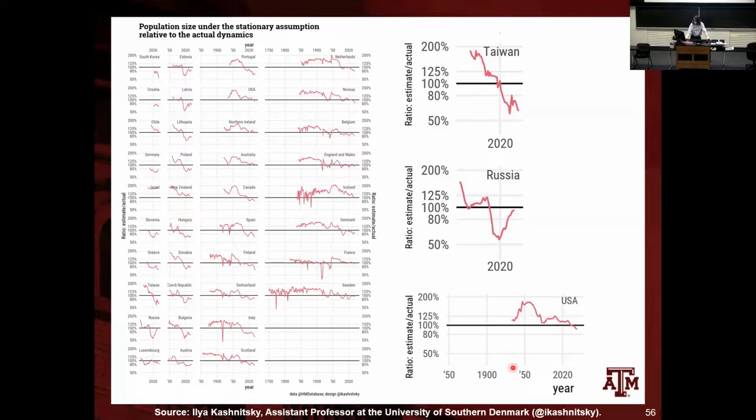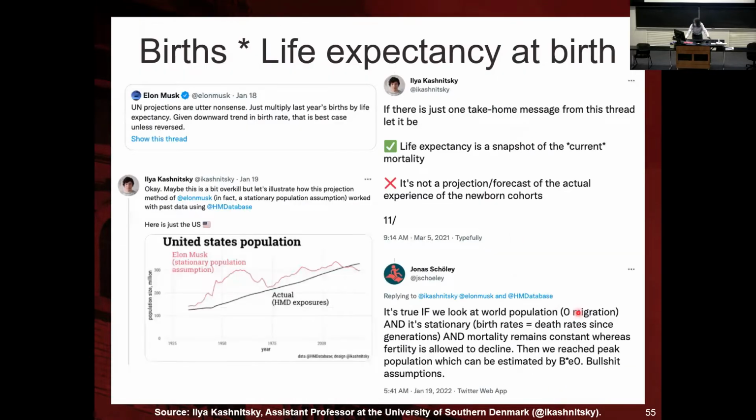Here are just some examples for Taiwan, Russia, and the US to show that if we simply apply the stable population theory or the stationary assumptions to project the population, we will not get good estimations. They will be either overestimating or underestimating the actual population, because these countries have migration, and different birth rates and death rates.